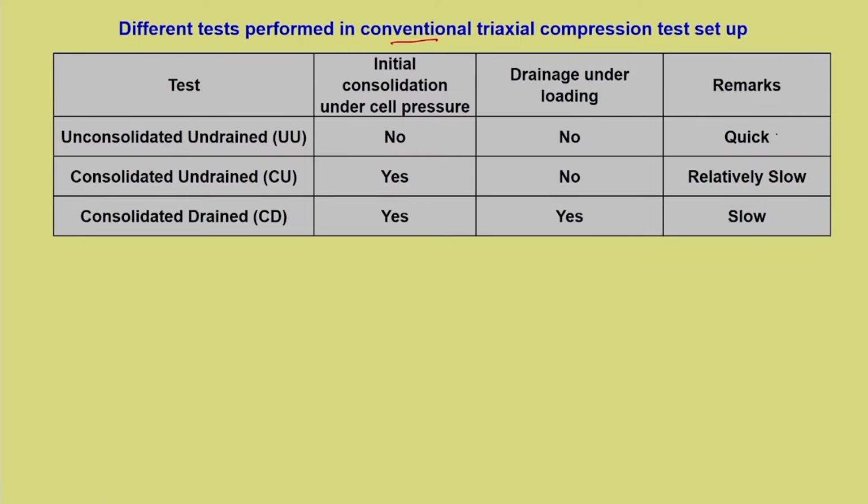Now, accordingly, the first test is very quick because nothing you have to do, you have to mount the sample, saturate and then load it, and hence the failure happens relatively faster. CU, it is relatively slow, whereas CD is extremely slow. Why this is quick, relatively slow and slow, we will come to know a bit later as we discuss these tests.